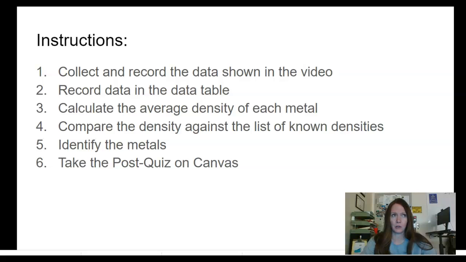So you're going to end up with 2 or 3 densities for each metal sample, and you want to calculate the average. And then I have a list of known densities of metals. I'm going to see if we can compare them against that and hopefully identify the metals. And of course, again, you're going to take the post quiz after this.